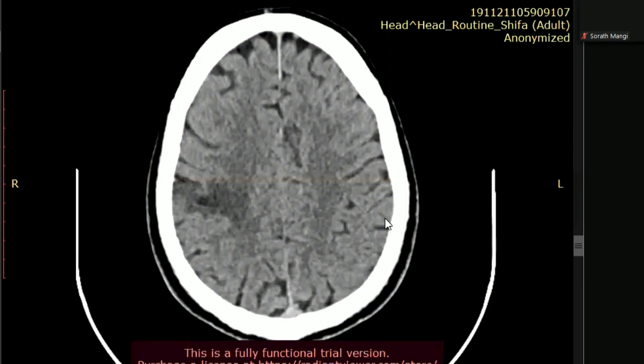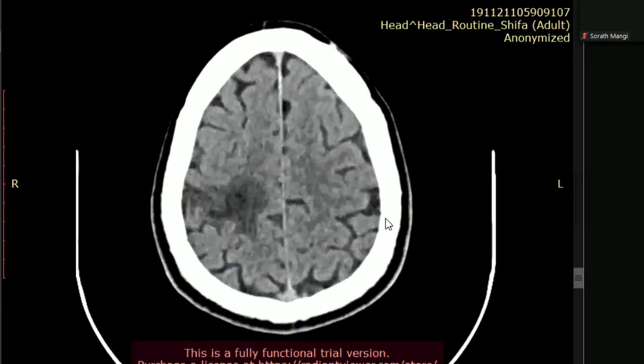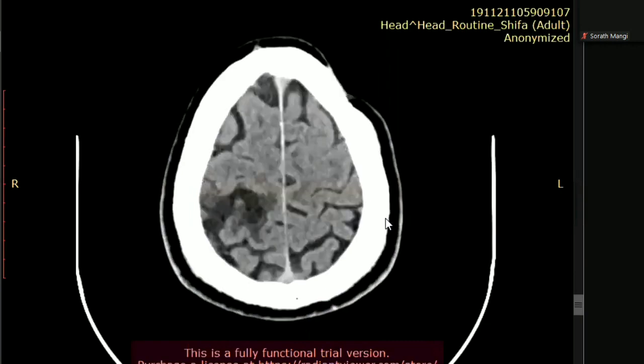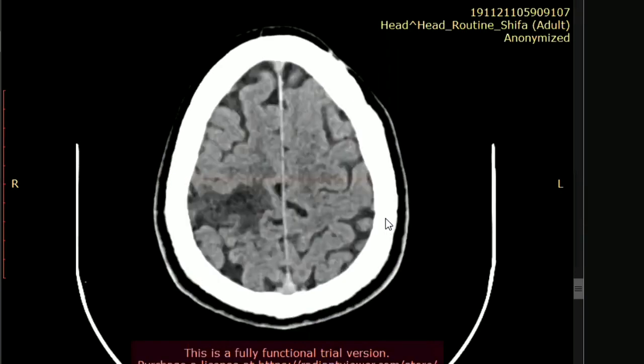Okay, so what is the differential diagnosis? Ma'am, the topmost differential diagnosis would be an infarct.